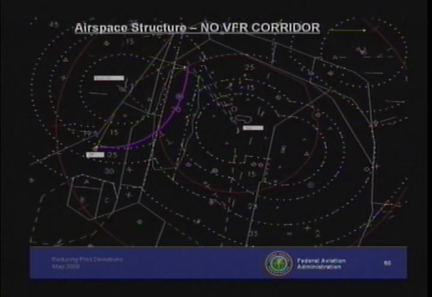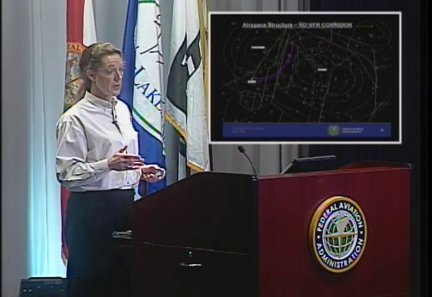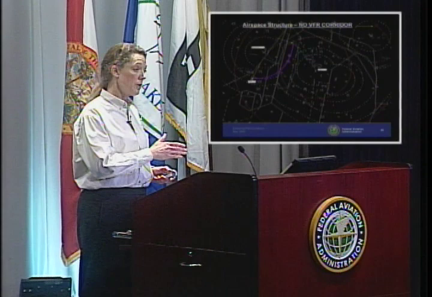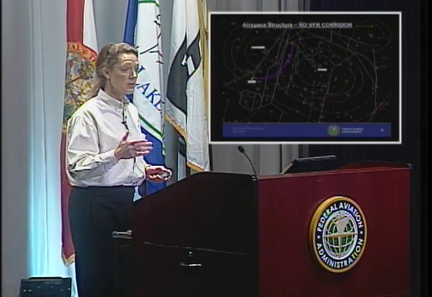No VFR corridor, again, used to be an airspace between DCA and Dulles. That corridor is no longer available for VFR transient operations. It is the flight restricted zone. So while you may be cleared to enter the special flight rules area, the flight restricted zone is not available for transient operations.